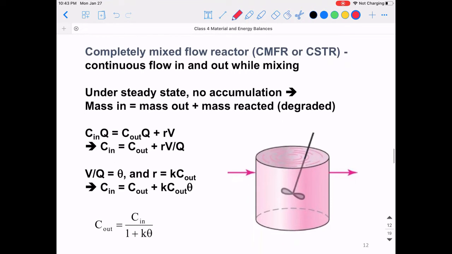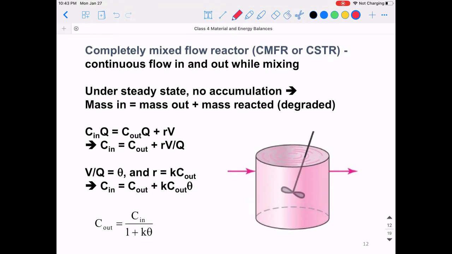Commonly, we also use another type of reactor called the completely mixing flow reactor, or CMFR. We also call that a CSTR. This type of reactor has a certain inlet and a certain outlet, so we're pushing fresh inflow into the reactor. There's a stirrer in the reactor that guarantees that everywhere the concentration is the same.